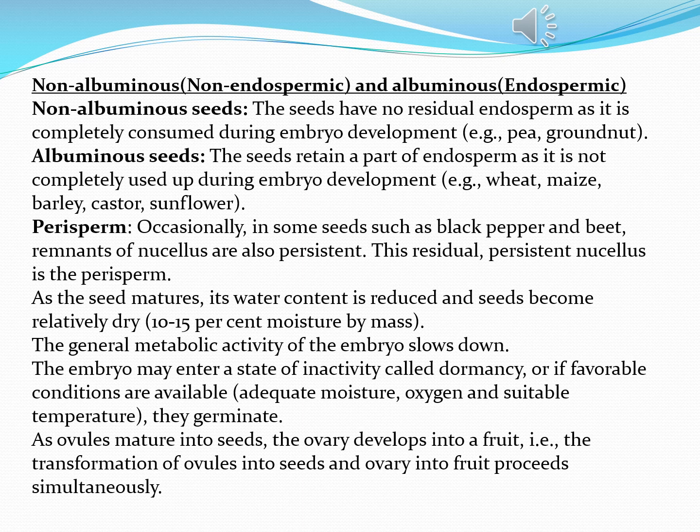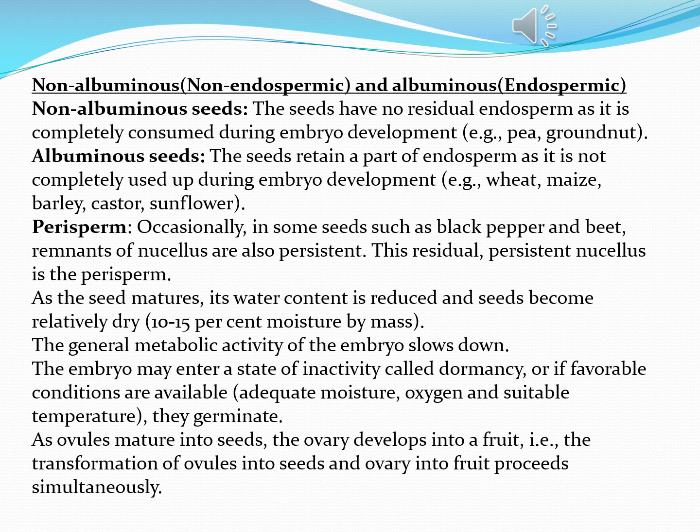Next we focus on the perisperm. Perisperm occurs in some seeds such as black pepper and beet. In black pepper and beet, remnants of the nucellus are persistent.